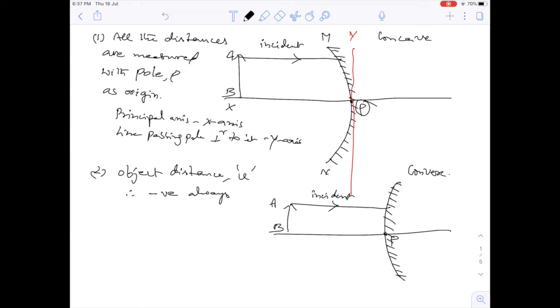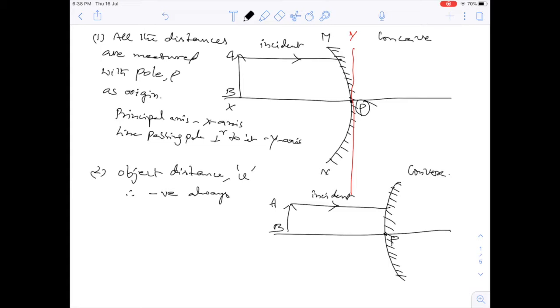So, object distance is negative. Then, all the distances parallel to the principal axis are measured from the pole as origin, which I already mentioned.